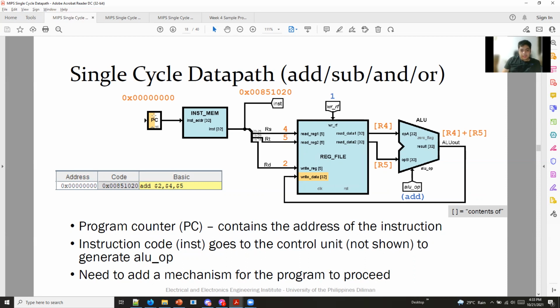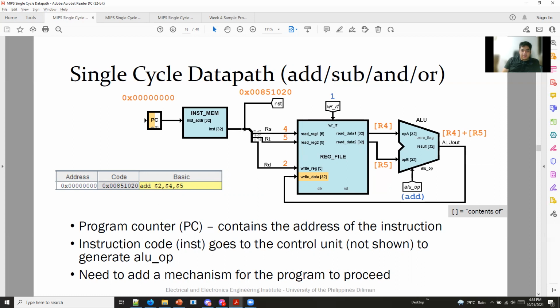So meron tayong PC na tinatawag or program counter kung ano yung current address ng instruction. Magsa-start siya sa 000. Ito yung equivalent na code niya sa MIPS instruction, yun yung makukuha natin from this instruction memory. Tapos hihimayin siya nung ating data path.